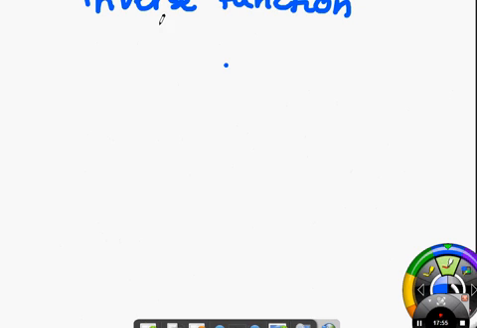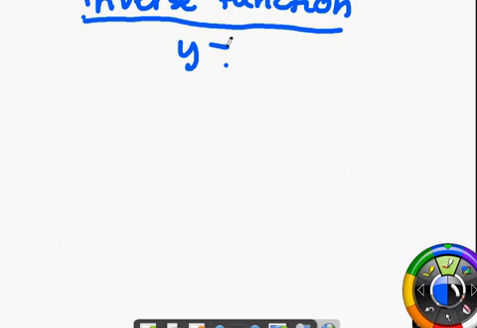Let's look at the inverse function as our first reflection, because the others are quite easy. When we reflect on the line y is equal to x, then we are drawing the inverse function.